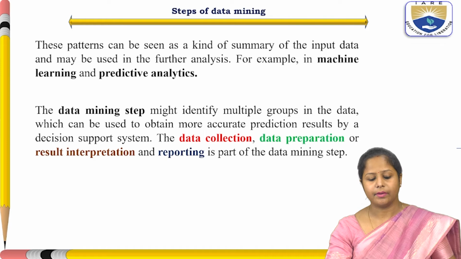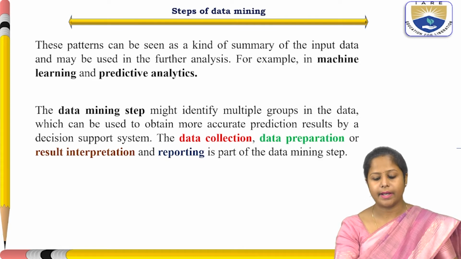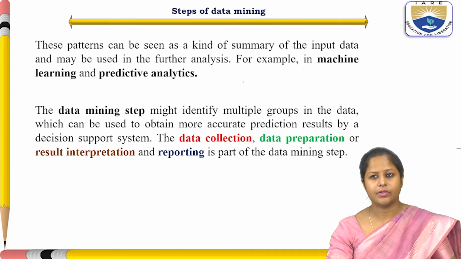Steps of data mining. These patterns can be seen as a kind of summary of the input data and may be used in further analysis, for example in machine learning and predictive analytics. The data mining step might identify multiple groups in the data, which can be used to obtain more accurate prediction results by a decision support system.